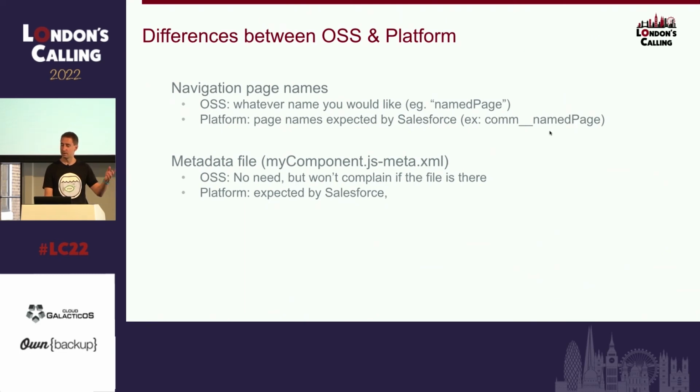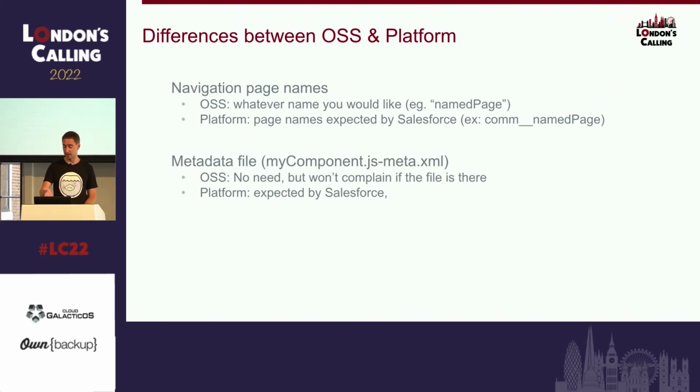And if you are in Lightning Experience, it's another type of name. So you need to be careful about that if you need to reuse the component in several places, because the page names expected by Salesforce are specific, whereas on OSS, you can do whatever you want. But if I had done it the other way around, instead of name page, I could have named it in my open source version like this, and it would have worked on the two projects. I just didn't think about it when I created the demo.